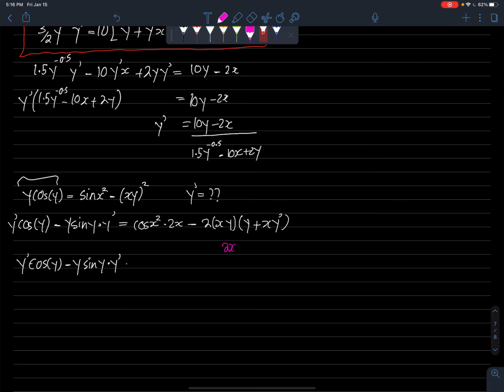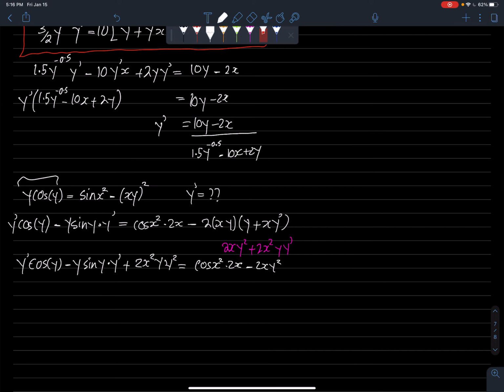So it'll be 2x y squared plus 2x squared y prime. Oh, actually, this is minus, yeah, so it'd be plus 2x squared y prime is equal to cos x squared times 2x minus 2xy squared.